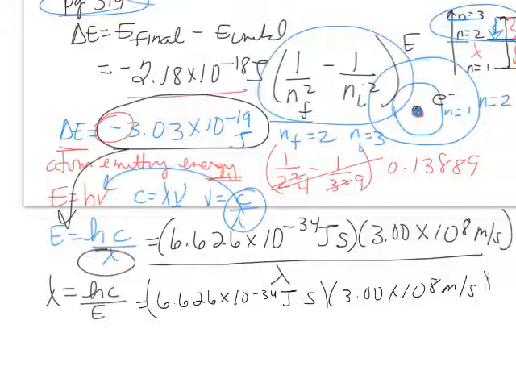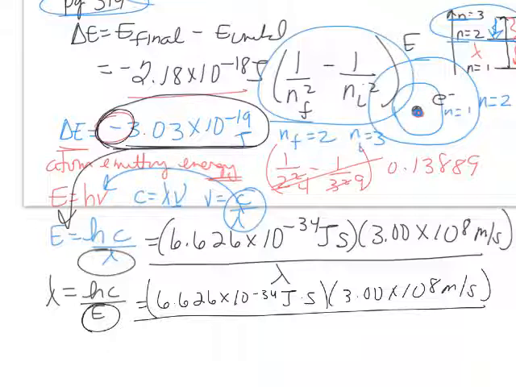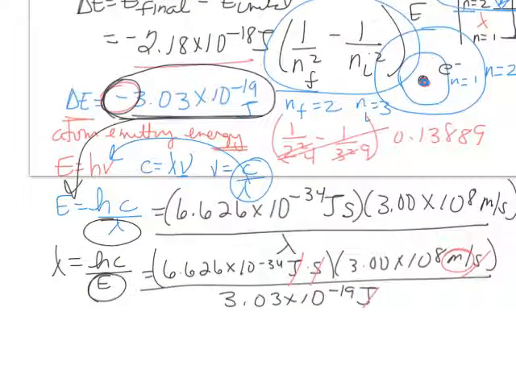Now, pay attention here. This E needs to be a positive value because the negative sign is just a direction or emittance. So let's put in the positive value here, 3.03 times 10 to the negative 19 joules. Your joules are going to cancel out, your seconds are going to cancel out, and you're going to get your wavelength in meters. So when you multiply these two and divide by that, your lambda is going to be 6.56 times 10 to the negative 7 meters.